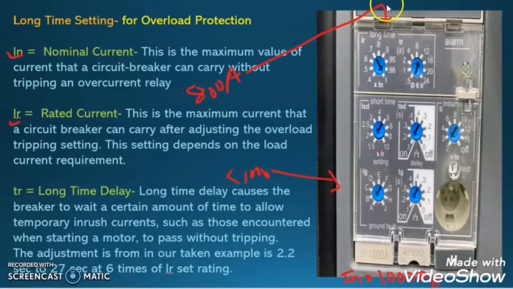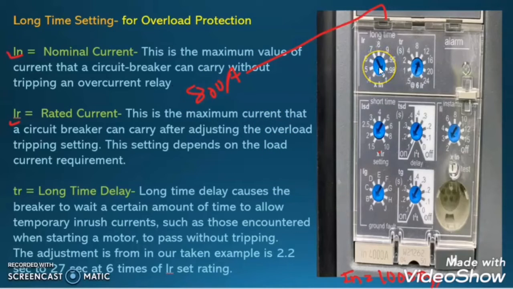But the load which is connected to this circuit breaker has an overload condition when any current more than 800 ampere flows through this load. When a current of 850 ampere flows through this load, the circuit breaker will not trip. Why? Because for the circuit breaker, the overload condition is after 1000 ampere. Then what will happen? The load will break down.